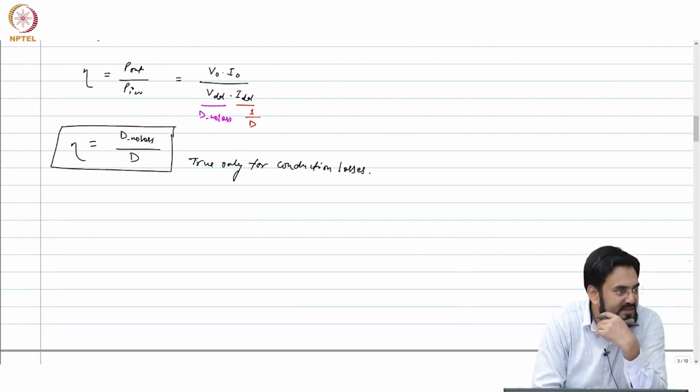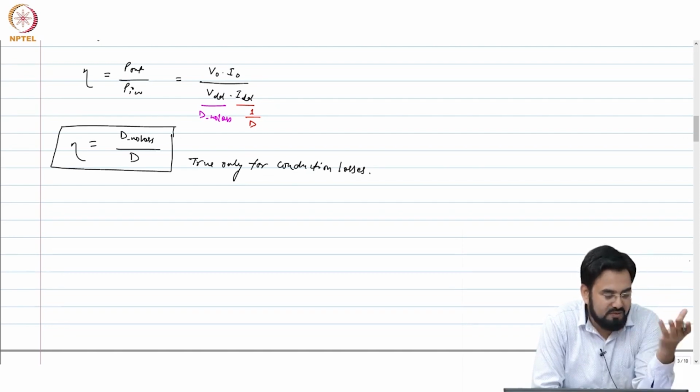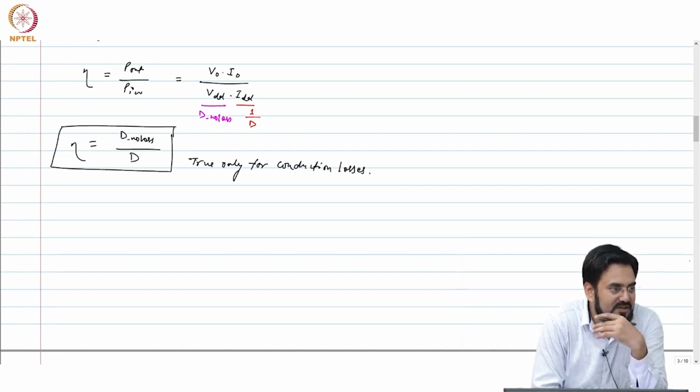So, you can easily measure it. Just by changing the load, you can measure both D no loss and D, and take the ratio. You know that D no loss will always be less than D, because D has to increase in order to compensate for the losses. So, efficiency will always be less than 1, or less than 100%.